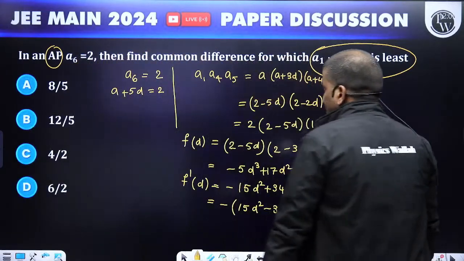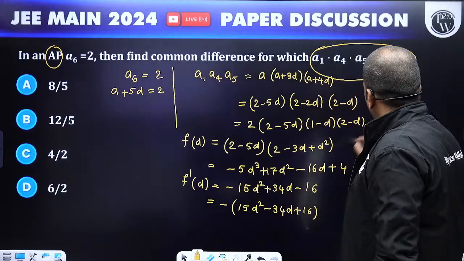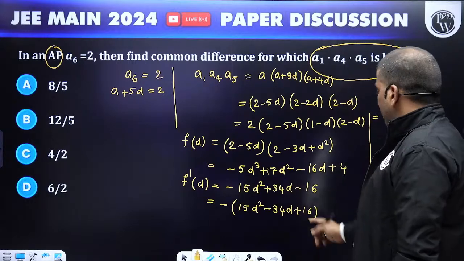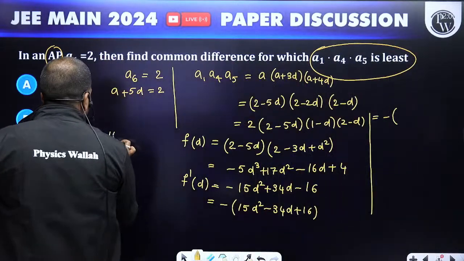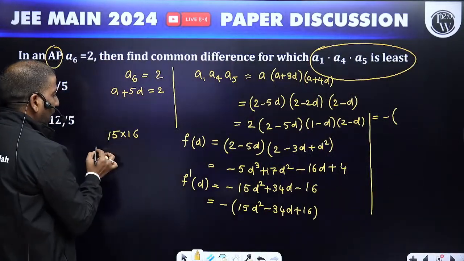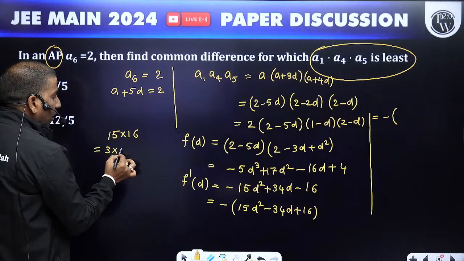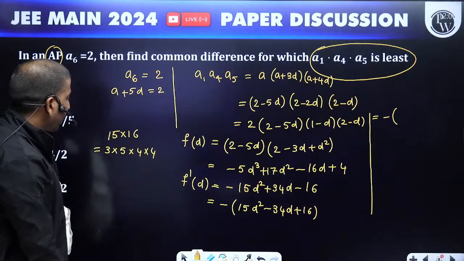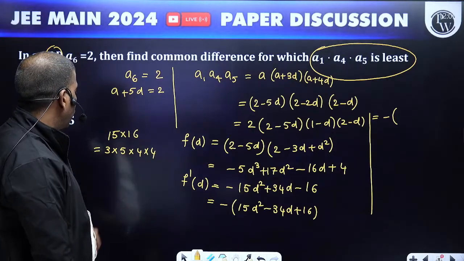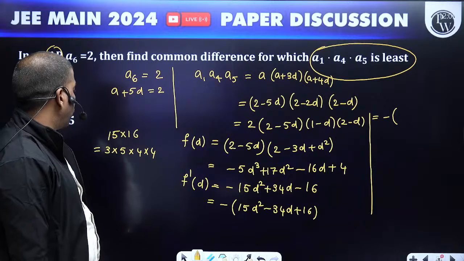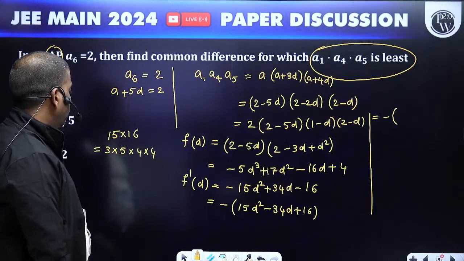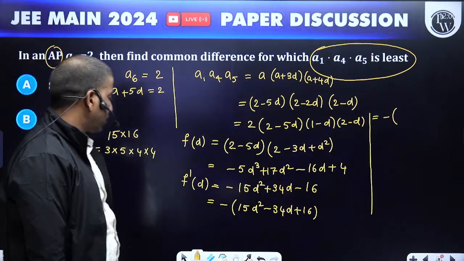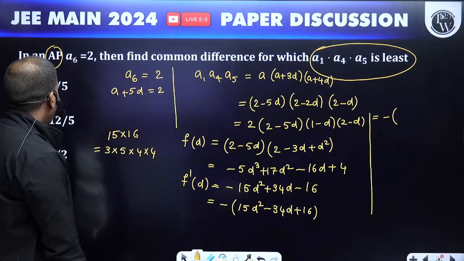So factors. So what we can write? Which is equal to minus. This is 15 times 16. Don't multiply this. The simple method is to write the factors. 3 5s are here. 4 times 4. We want 34: 20, 12. What are the factors here? 15d square, so 5 and 3.